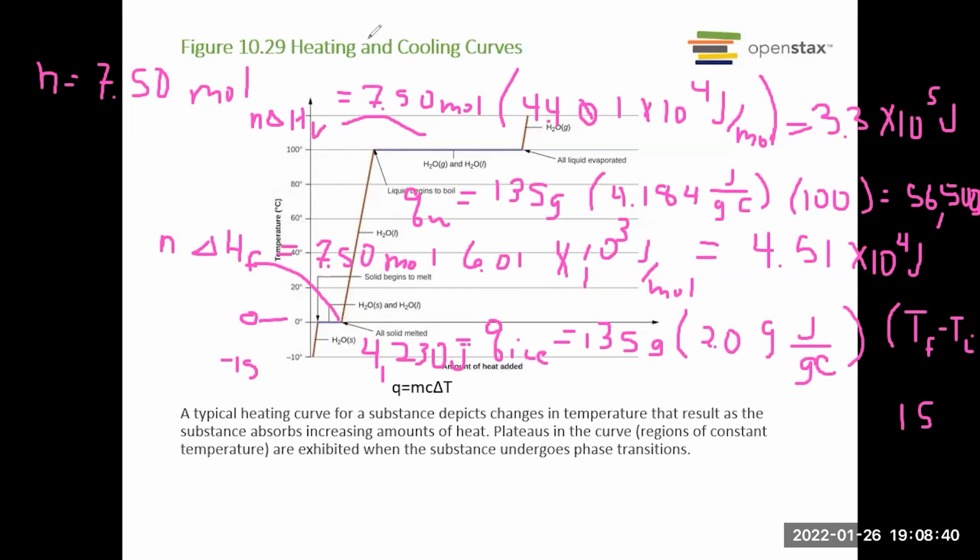So we'll use that Q again, times 135 grams, times the specific heat capacity of a vapor, which is, liquid, solid, gas, 1.84, and that's joules per degree Celsius and gram, right?